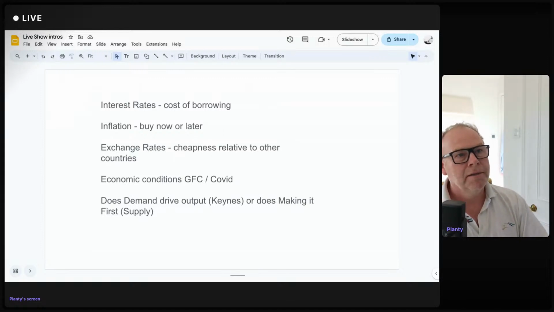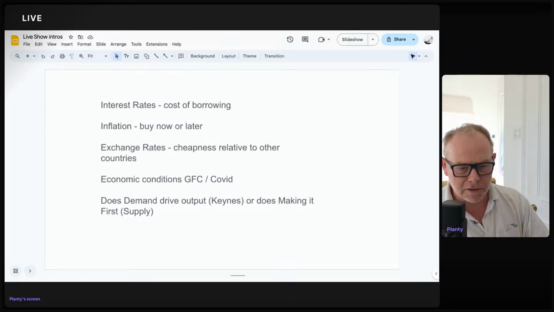Because if it's growing too quickly, then interest rates will probably have to go up, as we've seen, to control the inflation rate. So we want that sweet spot where the differential is not too much, because we don't want to be ripped off as a consumer, but we don't want it to be too small that companies are going bust. So there is a sweet spot, but that's always getting adjusted.